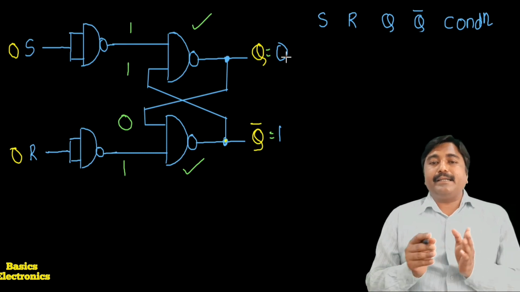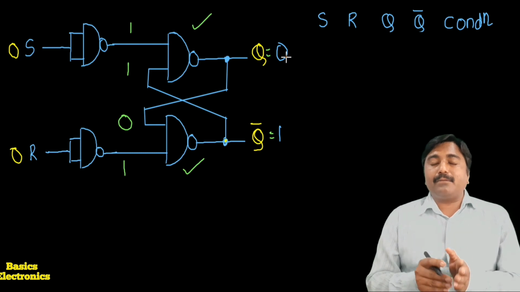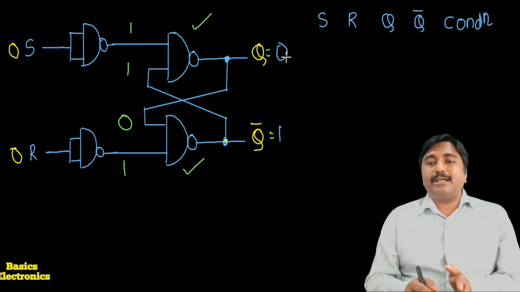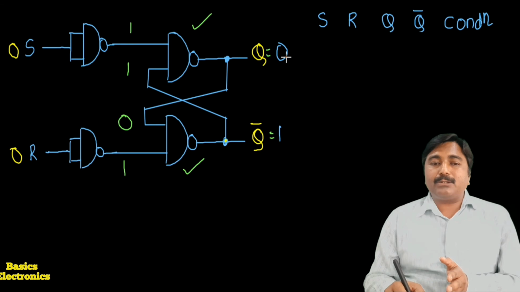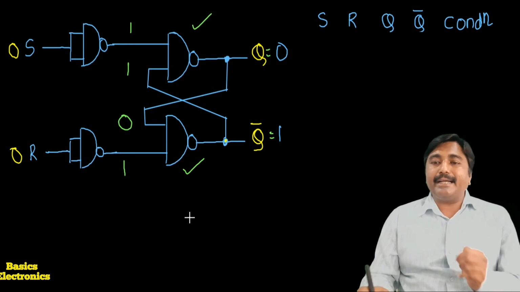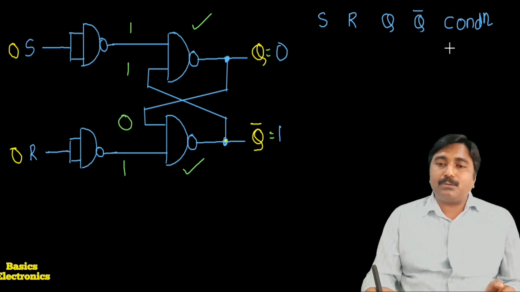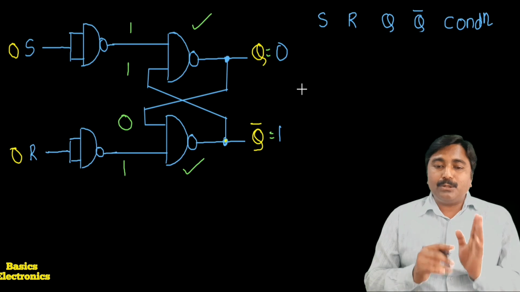The flip-flop has the output Q equals 0, Q bar equals 1. Before application of the input, it remained in the same state, producing Q equals 0, Q bar equals 1, which means there is a no change condition.